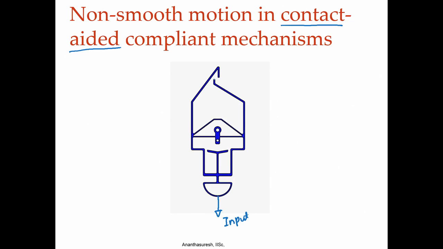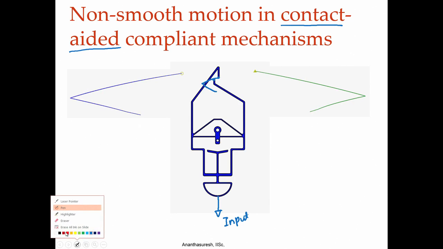What will happen to the outputs here is something strange. This one, magnified of course, this point actually goes like this, suddenly changes its mind, comes back like this. Similarly, this point would start there and change, come back, do this.